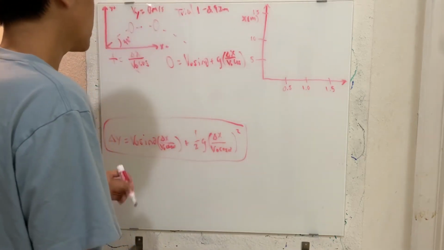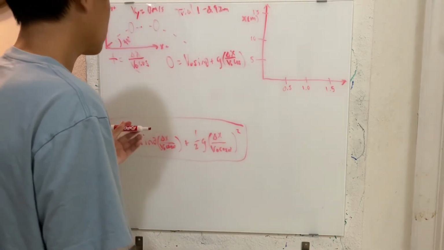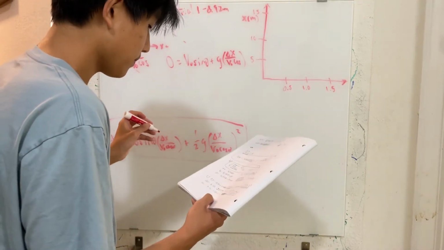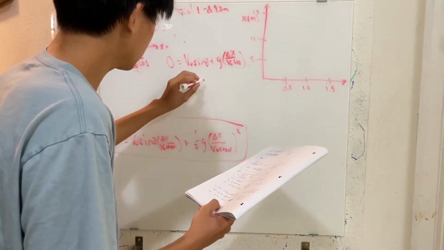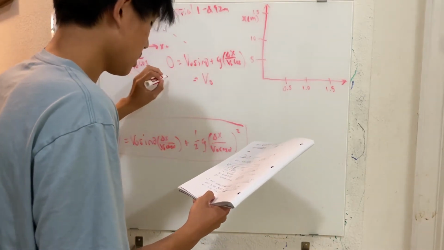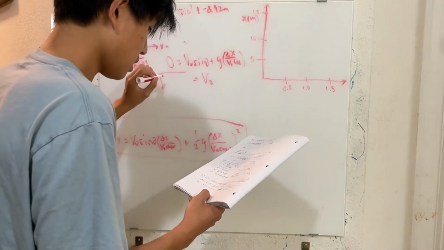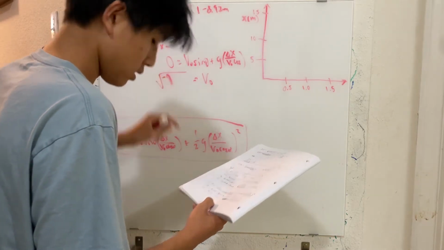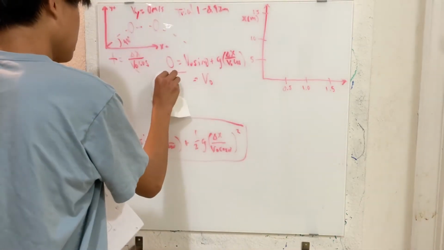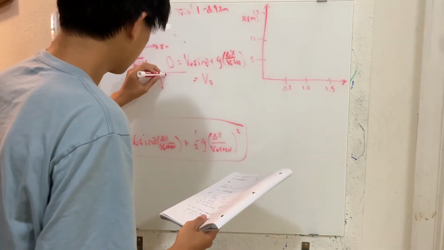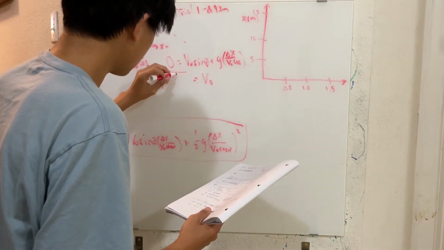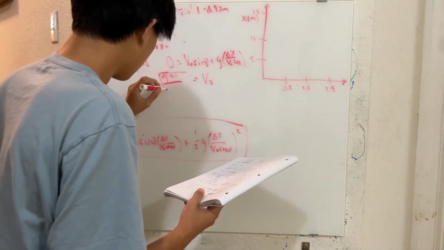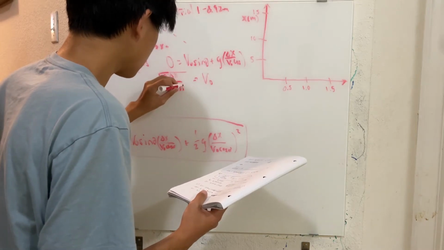So now we only have one unknown, and it's the same unknown. So I'm just gonna skip a couple steps. And v naught ends up equaling g delta x over cosine theta times sine theta.